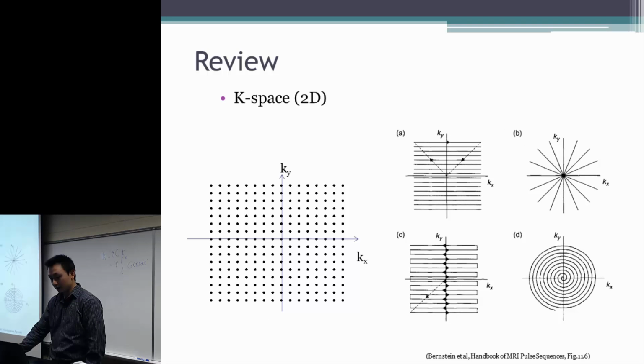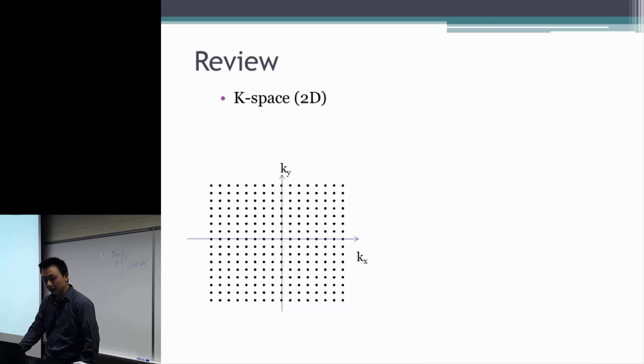All right, so then we take a look at the 2D K-space scenario. Oh, sorry about that. For 2D K-space, we can consider it as just a 2D representation of different K-space points. So it's just shown in 2D.